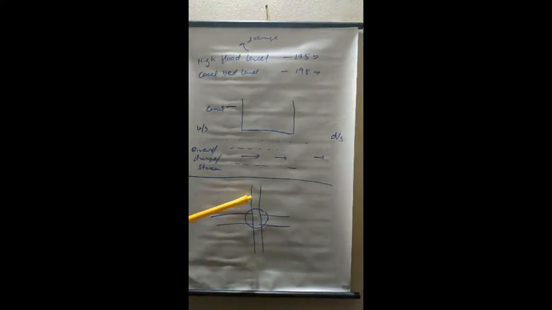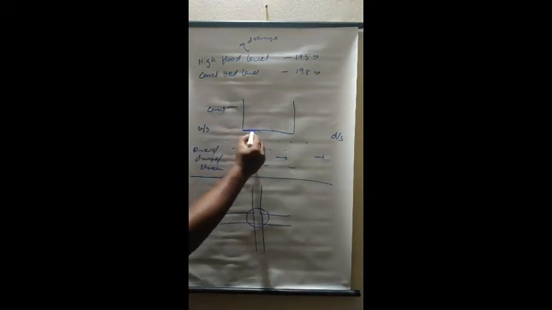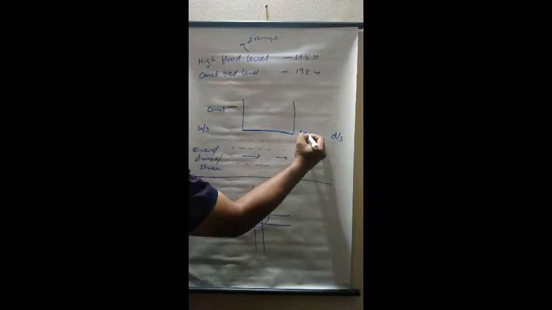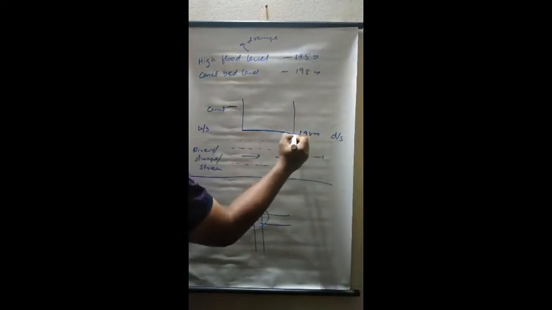Sometimes the canal may be at higher elevation, sometimes the river may be at higher elevation. Here in this case, the canal is above the river. So how can we understand that? It is given that the canal bed level is 198 meter. So this is the canal bed level, at 198 meter elevation.